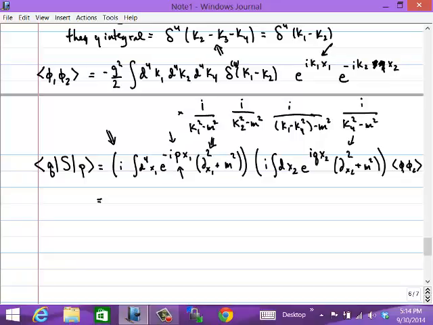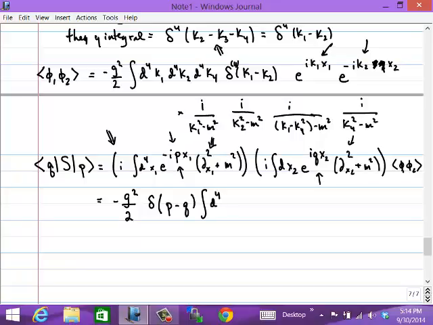And likewise, in this x2 integral, you have an e to the i q x2 here, and e to the minus i k2 x2 down there, which will give you a delta function that sets k2 equal to q. So when we do the x1 and x2 integrals, we get 2 delta functions that we can use to do the k1 and k2 integrals. And you'll get a minus g over 2 out front. You have that delta function between k1 and k2, which is now between p and q, because k1 was p and k2 was q.